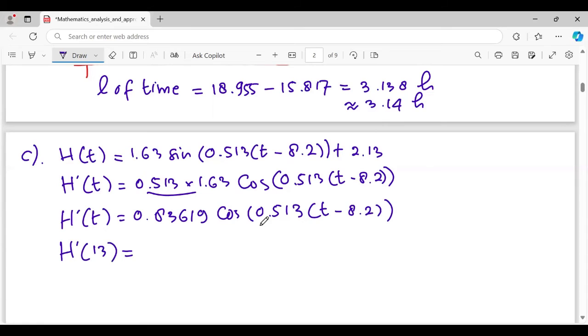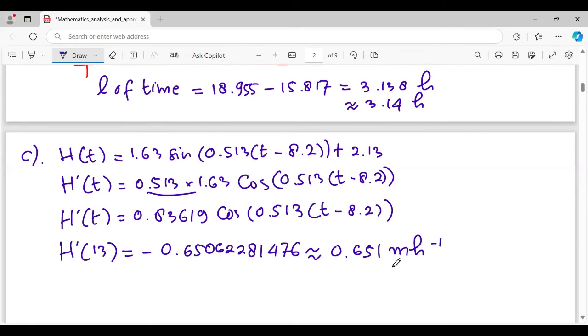If you substitute 13 into this expression, you can get the result minus 0.650622811476, approximately minus 0.651 meter per hour. Right.